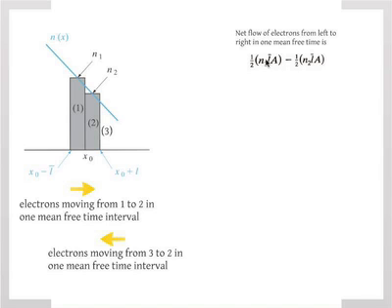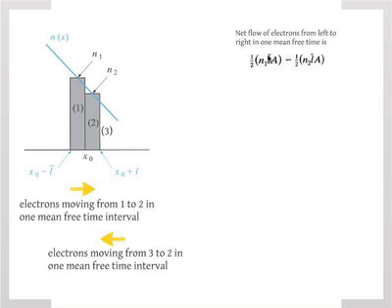Because in one mean free time, the distance traveled by the electron, on an average, is L bar. That's the definition of mean free path. Mean free path is the average distance between collisions. Mean free time is the average time between collisions. So in one mean free time, the electron on an average has moved one mean free path. Same thing, just common sense.